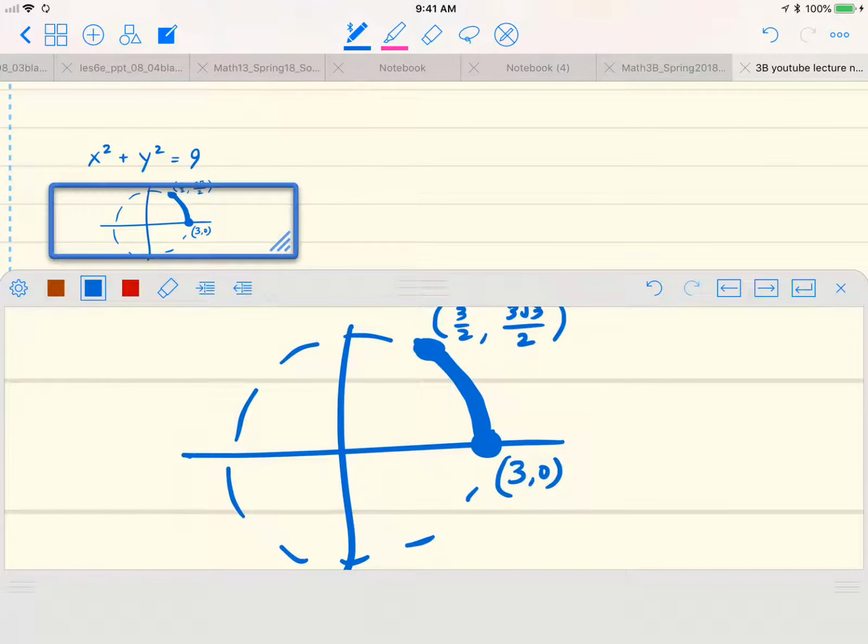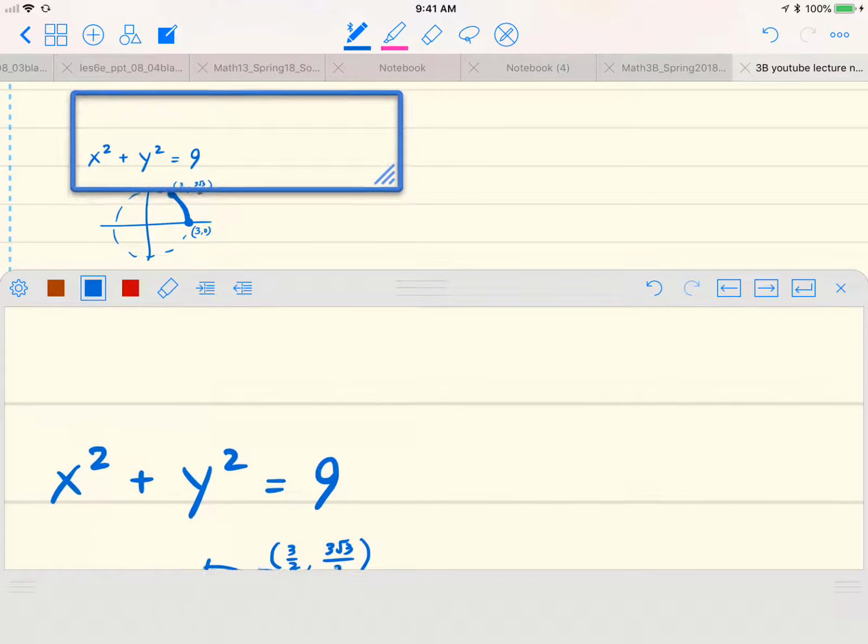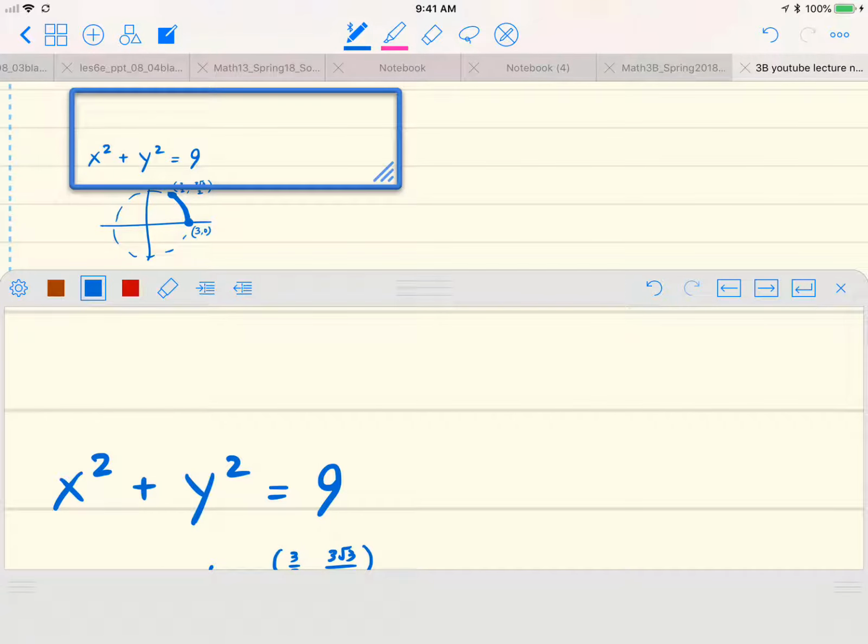Okay. Now to parameterize a circle, one thing we can do is look here and see that this is the same thing as x squared plus y squared equals 3 squared.